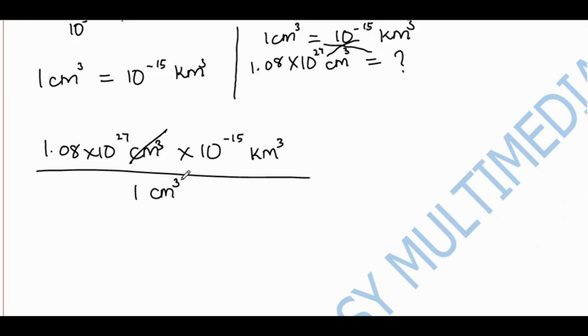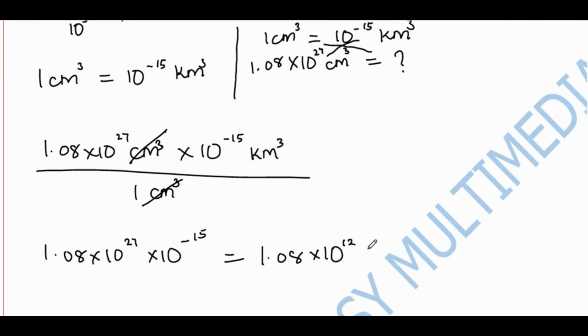Now this unit here will cancel out, and now we are left with 1.08 times 10 power 27 times 10 raised to power negative 15, which brings us now to addition of these indices here. And if we add the negative number, which is subtraction, we get 1.08 times 10 raised to power 12 cubic kilometer.